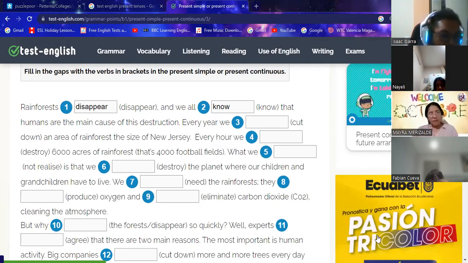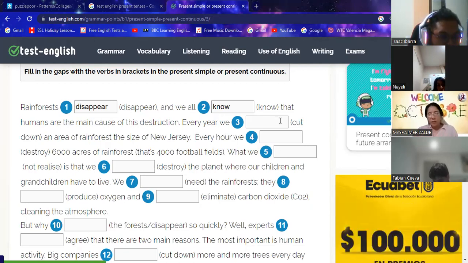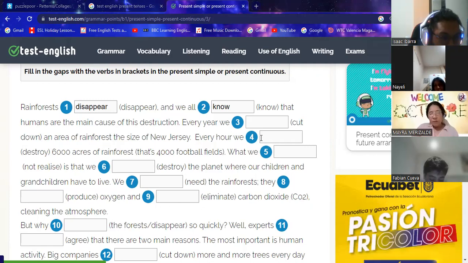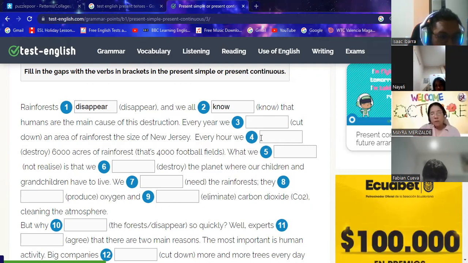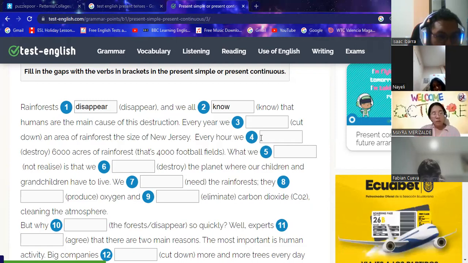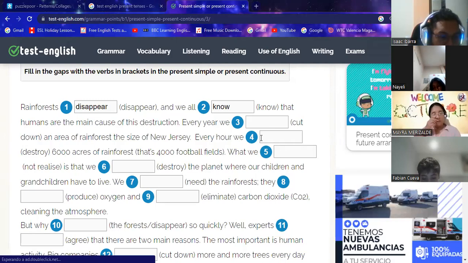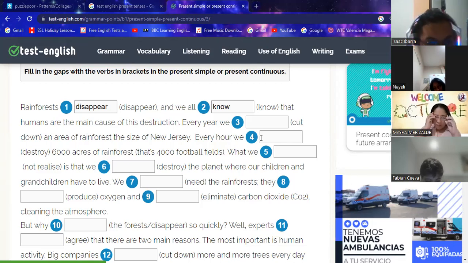Yo la veo compartiendo. No sé, yo no veo nada. Nayeli, Isaac, Fabián, ¿ustedes sí ven lo que se está compartiendo o no ven nada tampoco? Yes, I can see. Sí, Mayra, es tu computadora. Es tu teléfono. Tranquilo, mi sí. Está echando broma. Okay, so let's continue.